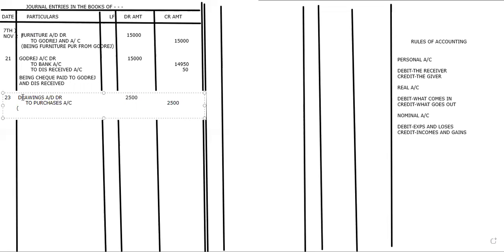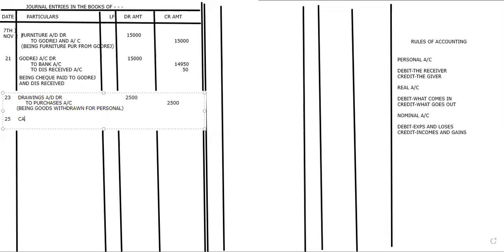So being goods withdrawn for personal. Next one, cash withdrawn from bank, he said. He didn't mention it as personal. So when it is not mentioned as personal, that means it is for the office.